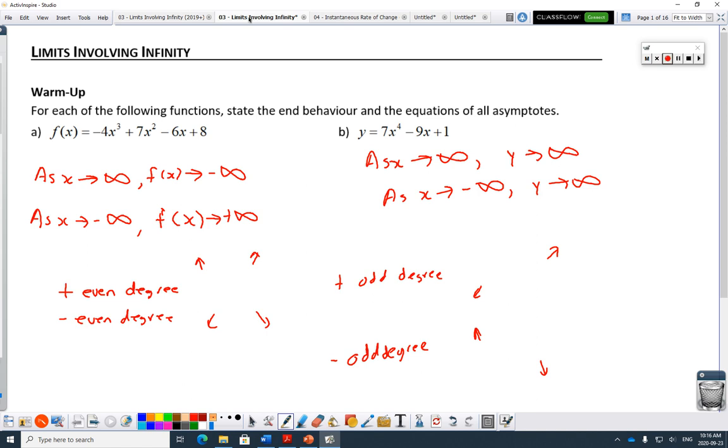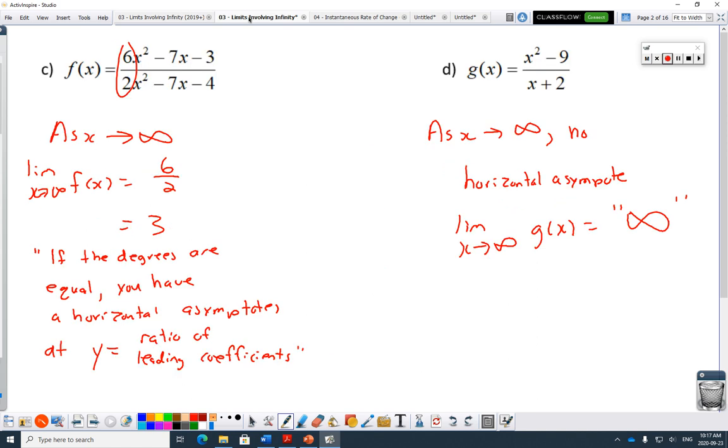If it's not a rational function, you don't have these problems. Subbing in a big number here, like 1,000, you know what you're going to get. Negative 4 million. Sub in negative 1,000, you're going to get positive 4 million. So things aren't complicated with polynomials. But when you get to these ones, let's talk about subbing 1,000 into this. 6 million and a bit. 2 million and a bit.